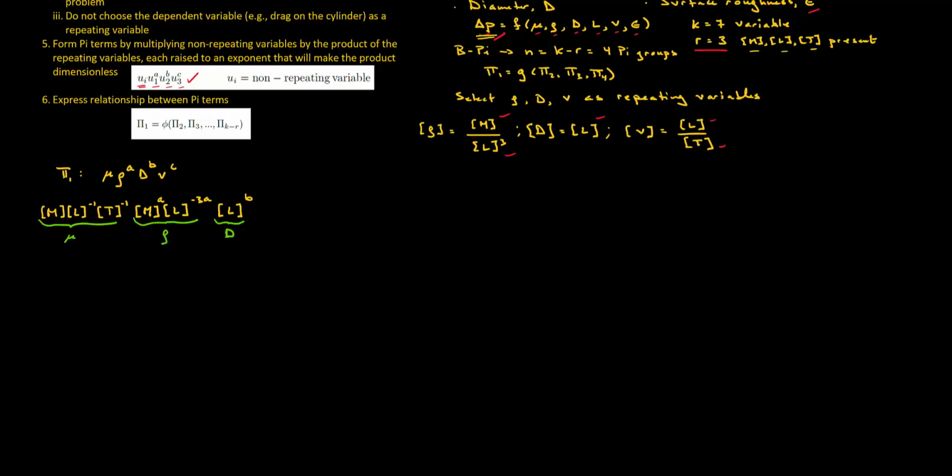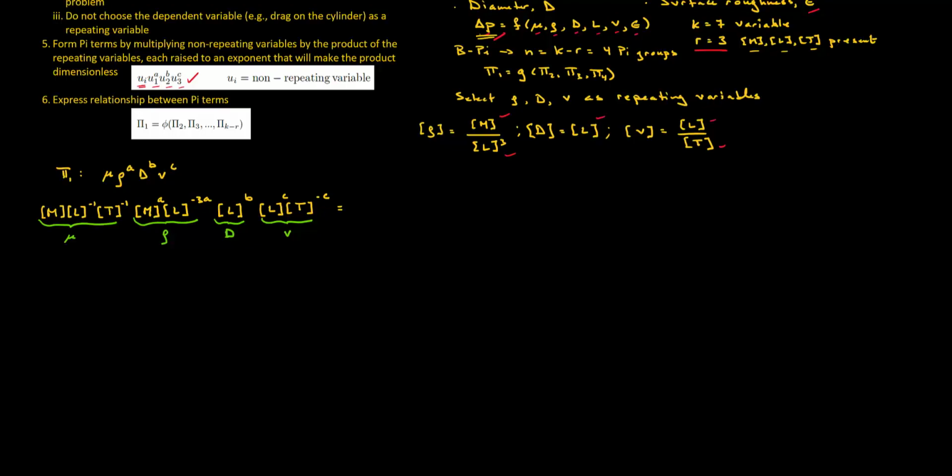Then finally, we multiply by the velocity, which has dimensions of length and time, and we're raising it to the power of c. So that's L to the c, T to the negative c. And what we want is for this entire product to become non-dimensional.